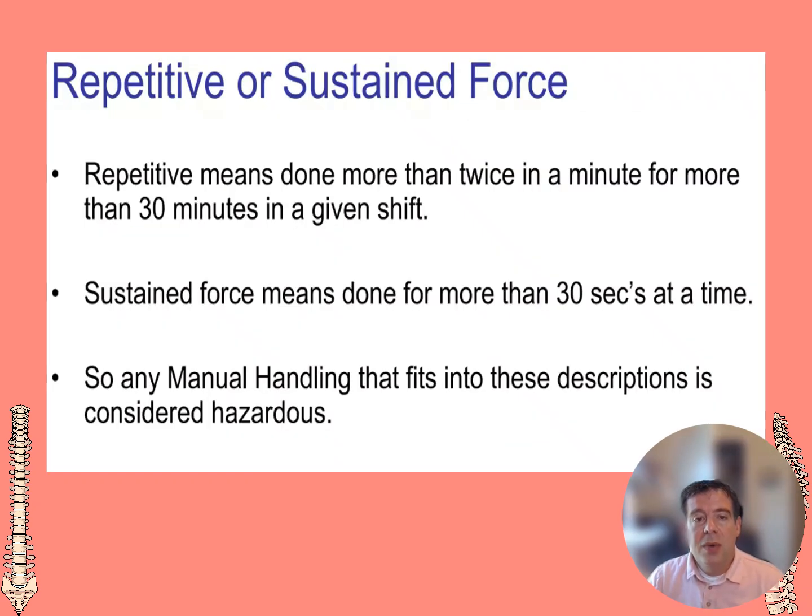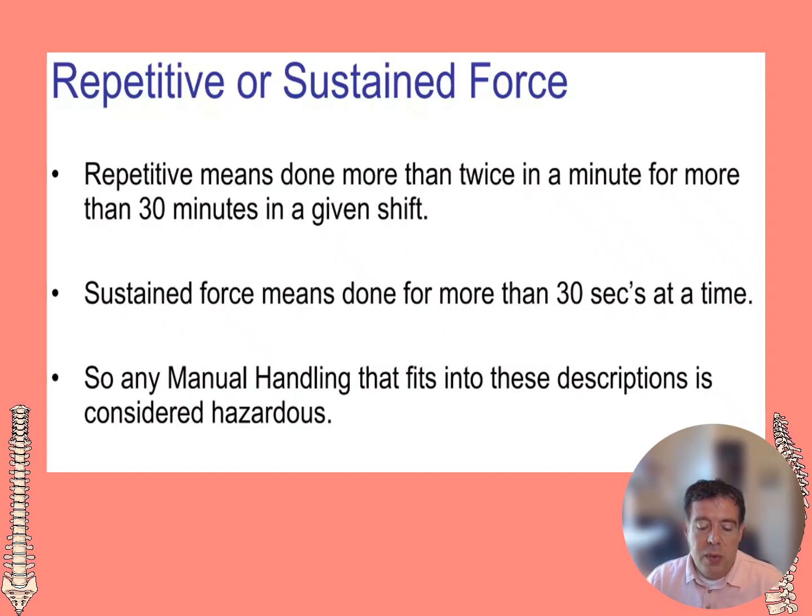Not only do we need to talk, we've already really stressed this, the main two: closeness to the body and the weight of the object. But then we've got other factors about lifting, like how much we're doing it. If we're doing it more than twice in a minute, it's considered repetitive.